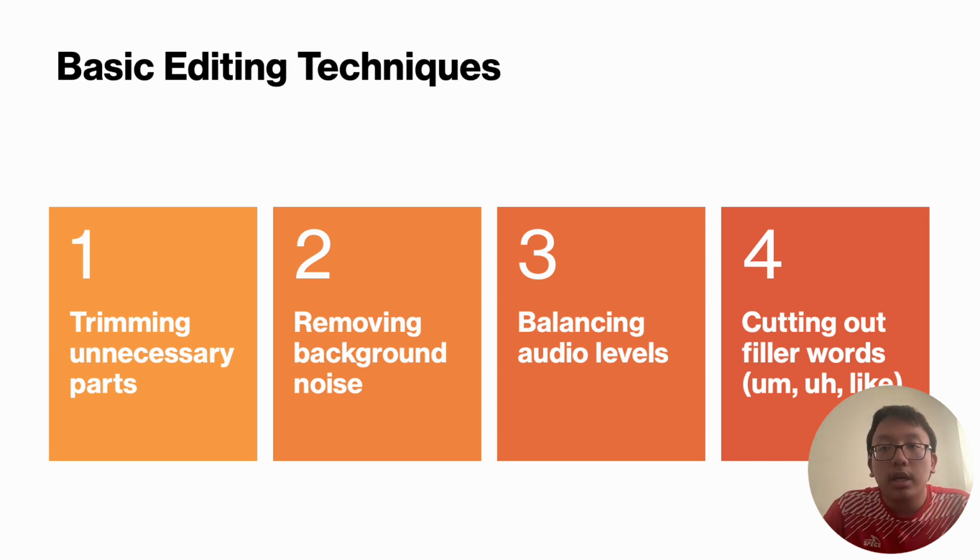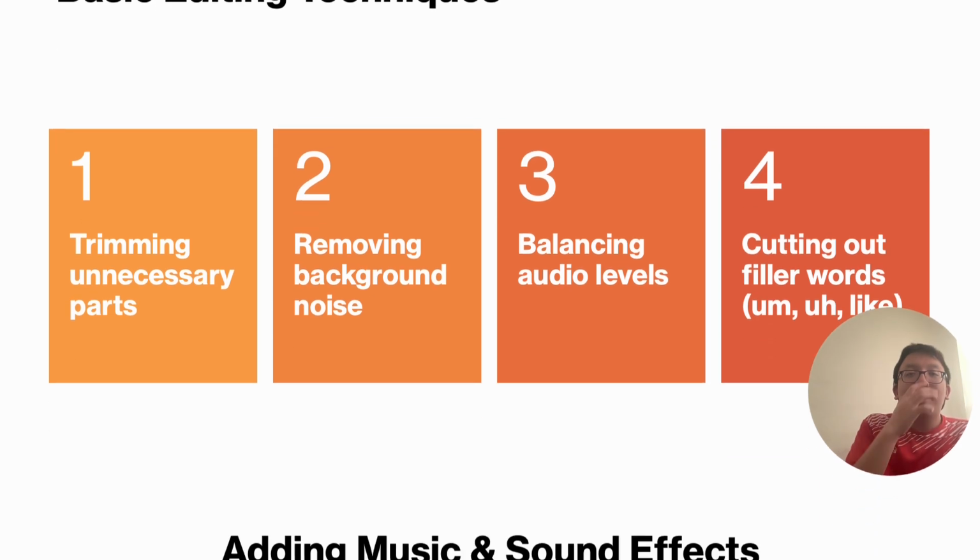Number four is cutting out filler words like "like." Consider reducing filler words to make your podcast more polished or more ear pleasing. I know this is really contradictory to me right now, but yes, we move on.